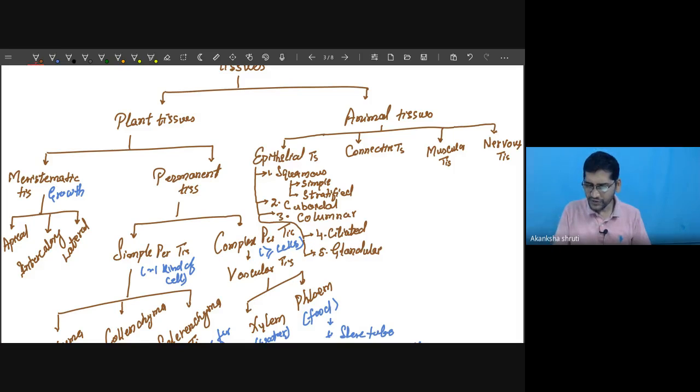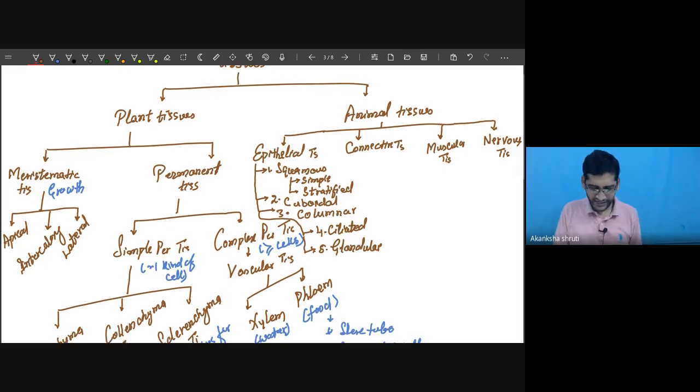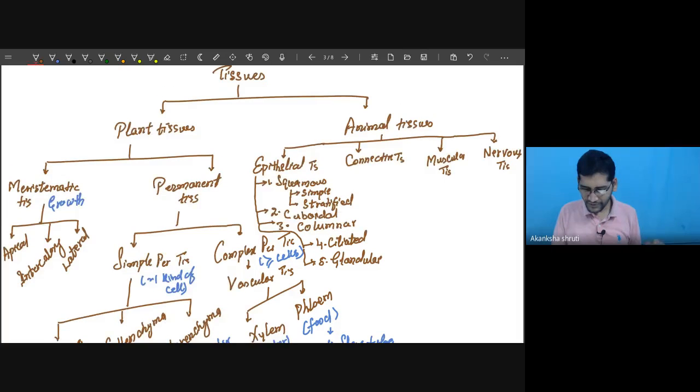So student, you have to keep this table in your mind. I will not write again and again, but you have to keep it in mind. These are very helpful. Now come to the connective tissues. Connective tissues can again be like bone, like blood, all these things.